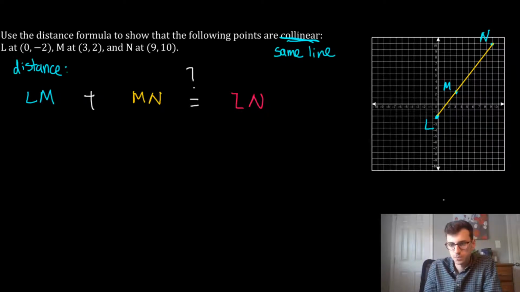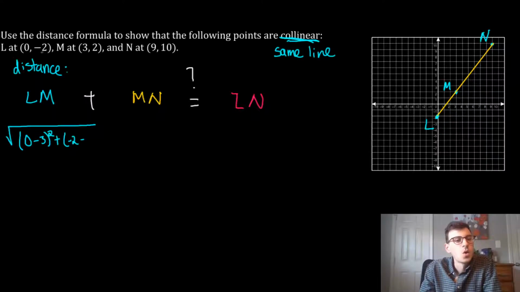Let's check it out. LM is the square root of (0 minus 3) squared plus (-2 minus 2) squared.